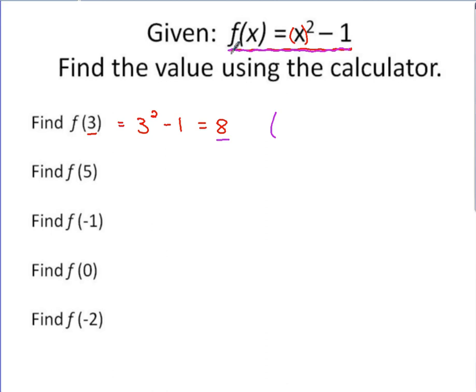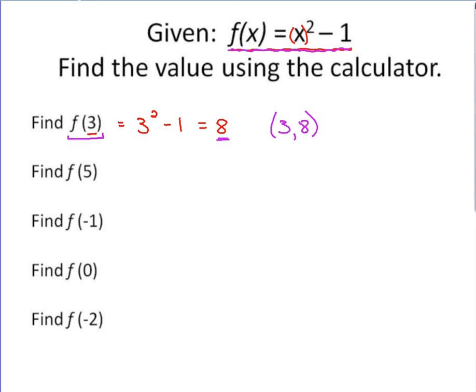So the ordered pair would be 3, because that's what went in, and 8, which is what we got back. So if I know I'm taking an x value, plugging it in, and getting this value for the function back, that's the same thing as getting the value for y back, right? If I could eventually plot this on a graph.